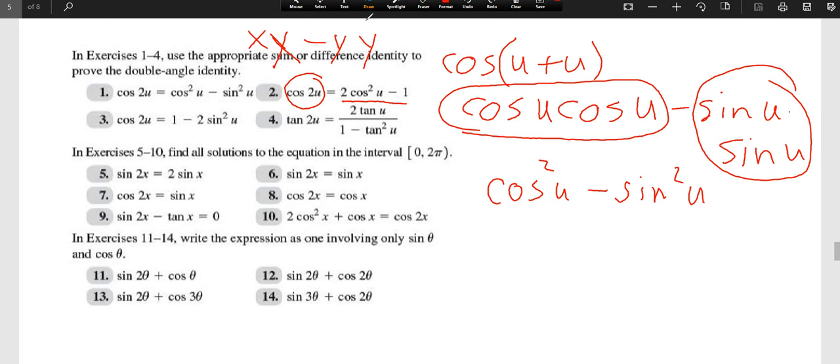So my guess is that you need to substitute something for this, because the right side of my proof has only cosine squareds in it. So there's no way I want to get rid of the cosine squared. I want to get rid of the sine squared. Do you have anything that we could use?